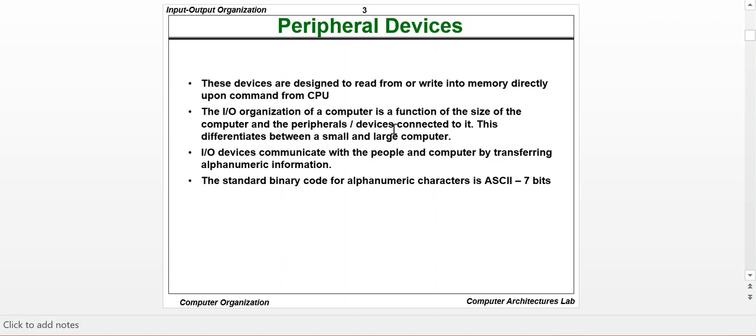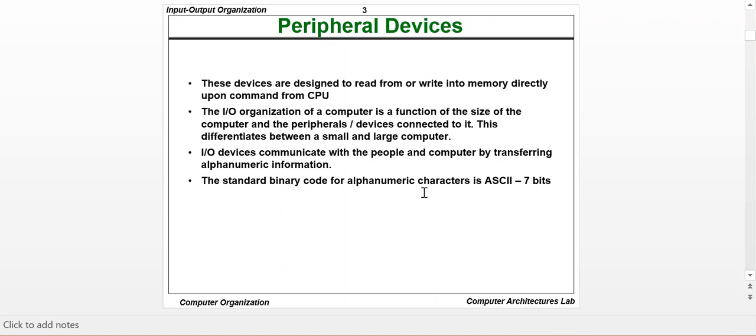Now, what happens when a person types in a key on the keyboard? For every key on the keyboard, a unique standard binary code, a unique alphanumeric character, is attached to each keyboard character. Not necessarily only keyboard characters, even non-printable characters.